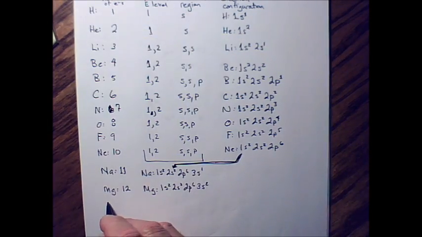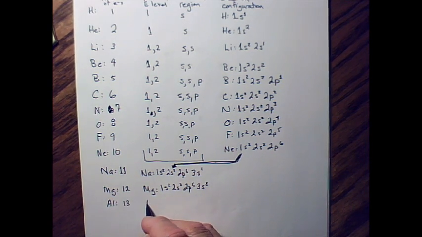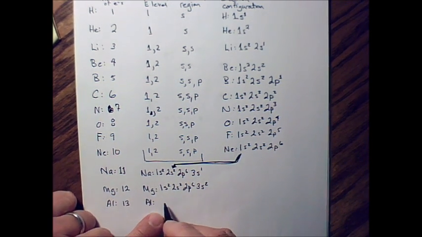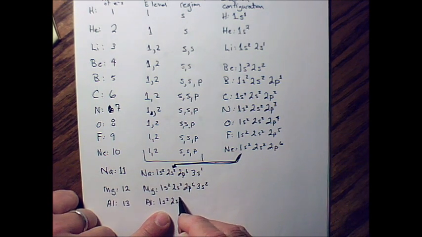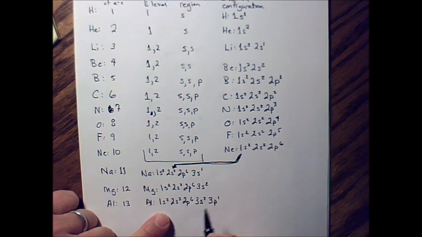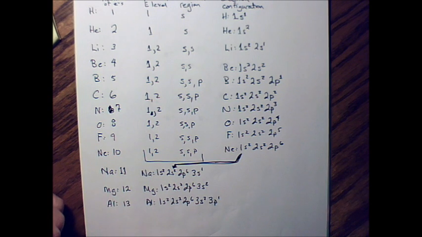It's got 13 electrons, so aluminum is 1s2, 2s2, 2p6, 3s2, and then 3p1. And 3p can go up to 6. We'll stop filling that level when we get to argon.